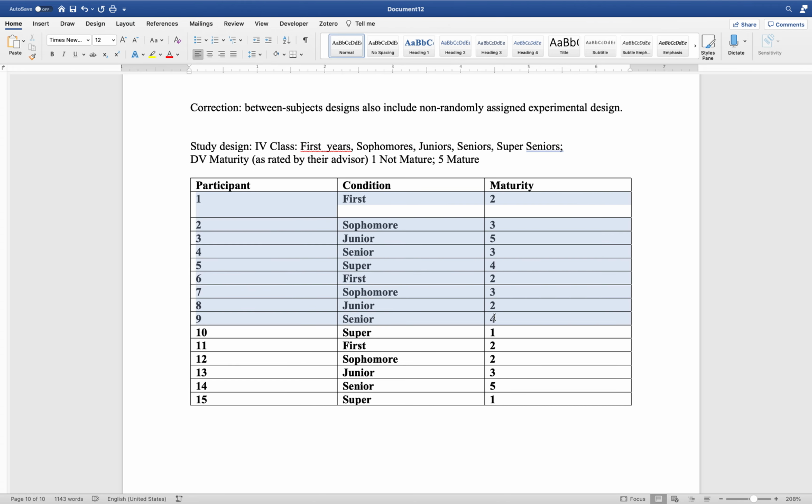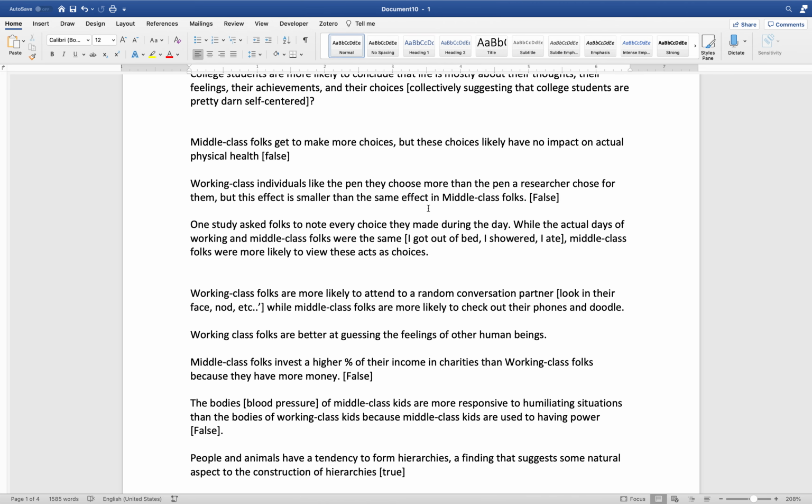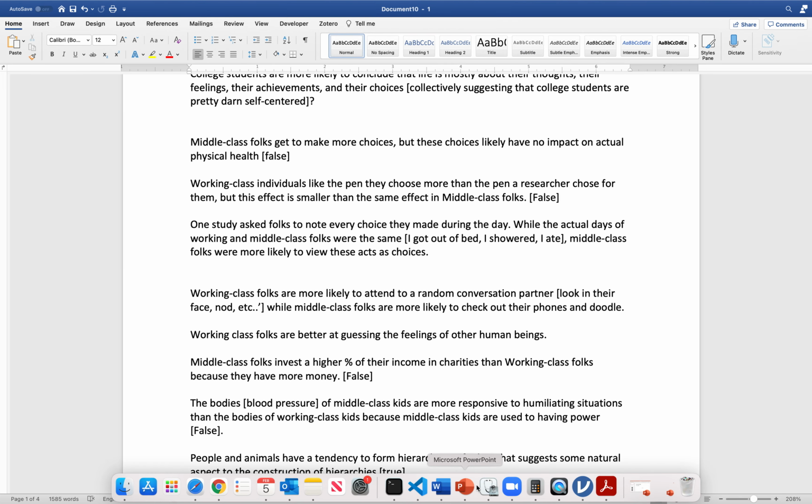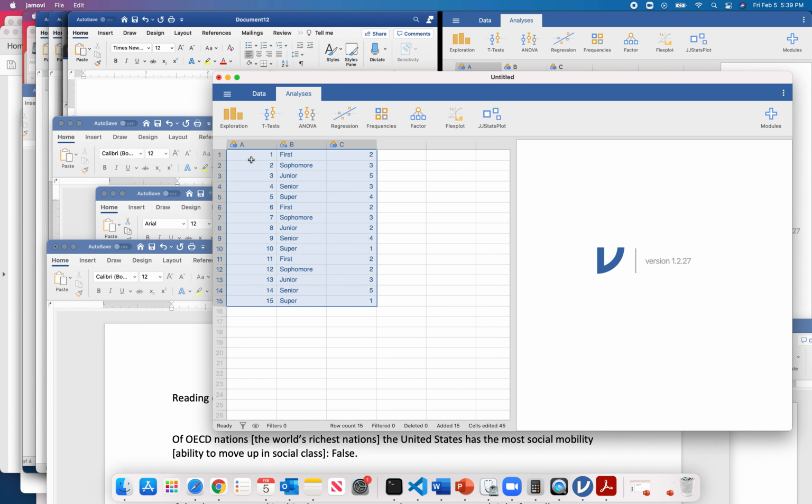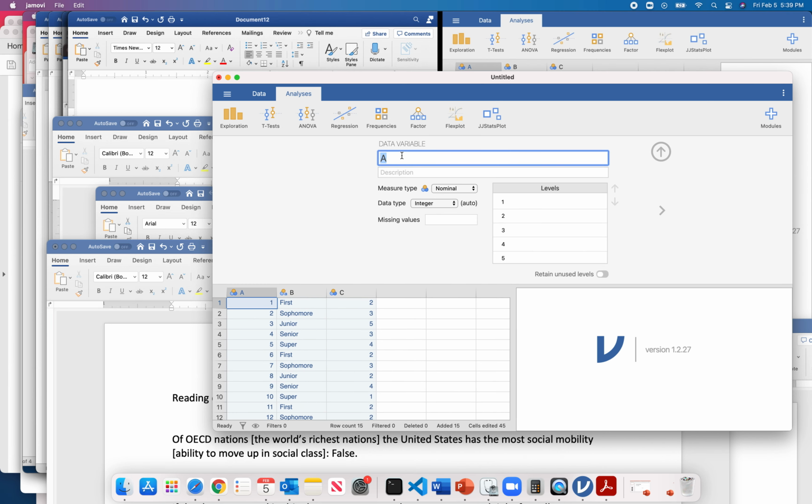So how do you solve this problem? Well, the first thing you have to do is put your data into Jamovi. I've just entered my data into Jamovi. Double click, participant ID.